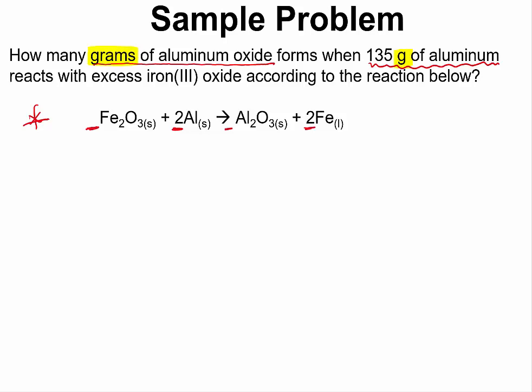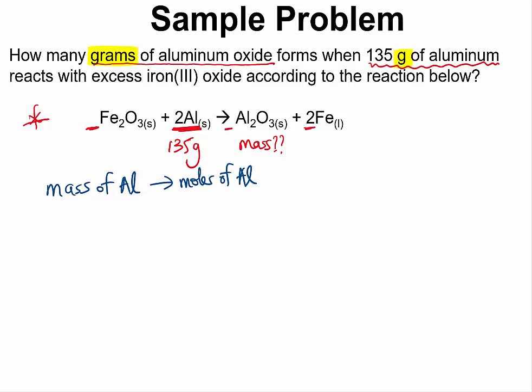We were given 135 grams of aluminum. We want to find the mass of aluminum oxide. So let us map out our strategy. We will first need to convert the mass of aluminum to moles of aluminum, because my recipe is written in moles.